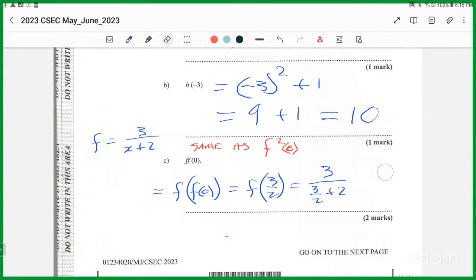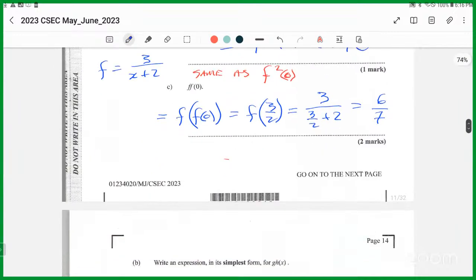I'm getting 6 over 7. Somebody got that? Oh, they're right then. 6 over 7. Very good. All right, let's continue.